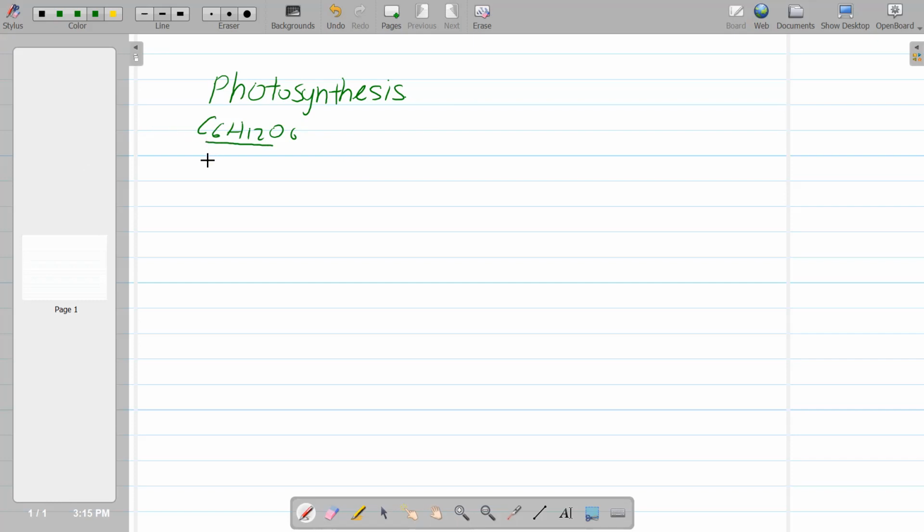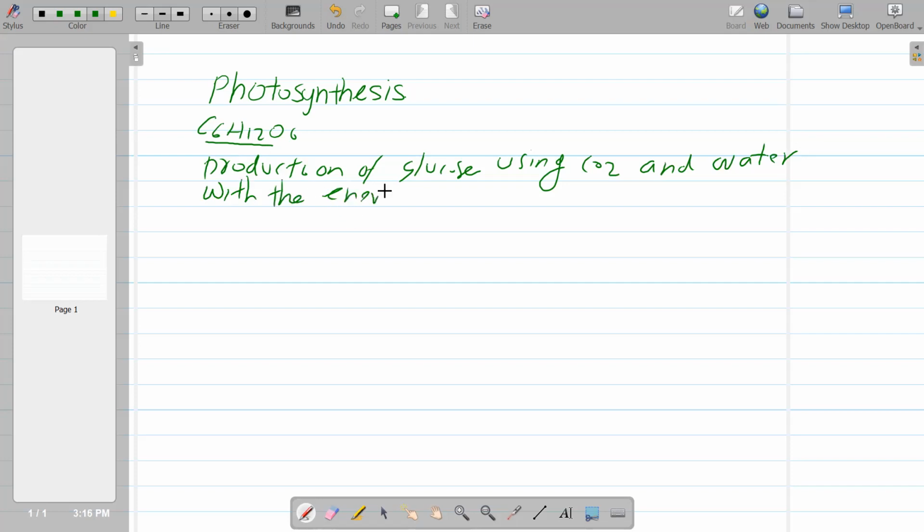So we can simply say it is a production of glucose using carbon dioxide and water with the energy from sunlight. It's a very simple definition of photosynthesis.